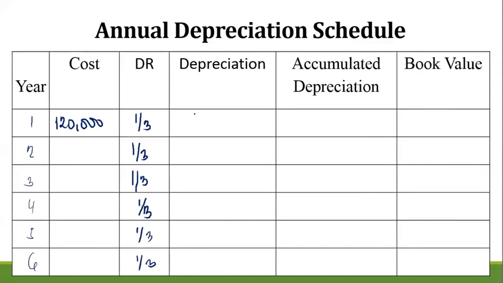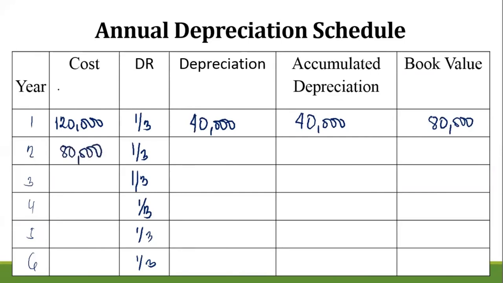That is why the depreciation on the first year is 40,000. So, the accumulated depreciation is equal to 40,000. And the book value is 80,000. So, we just add the accumulated depreciation and then the final.